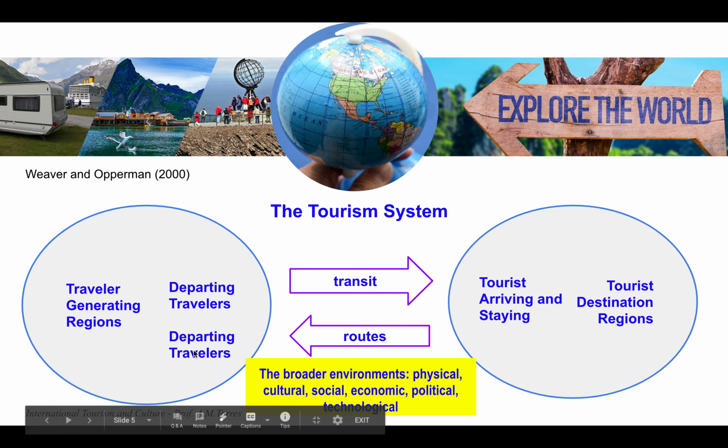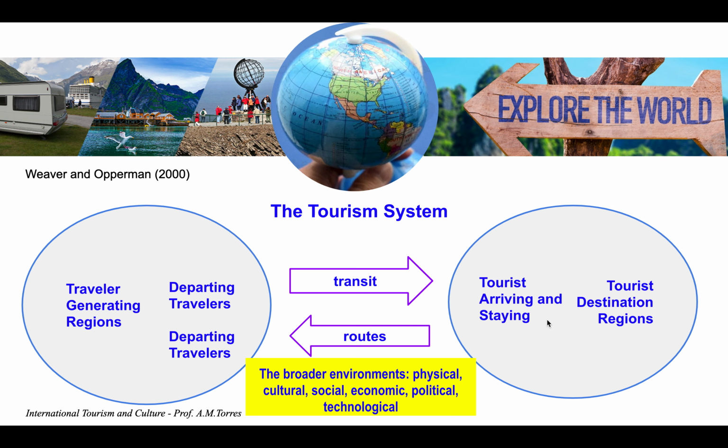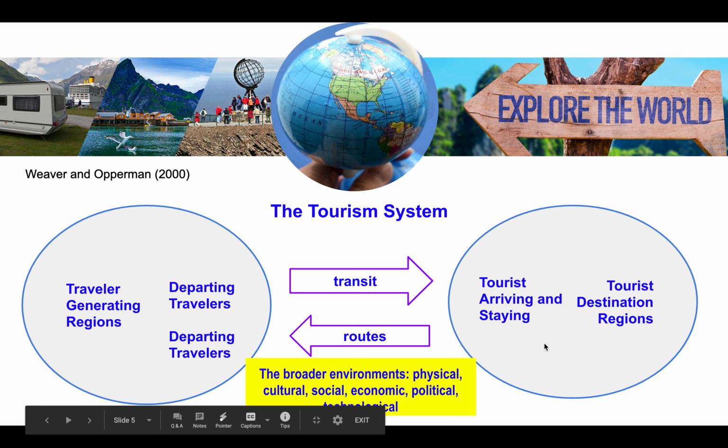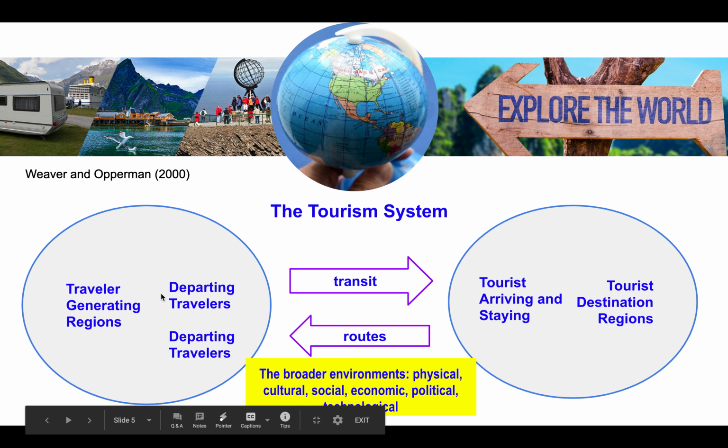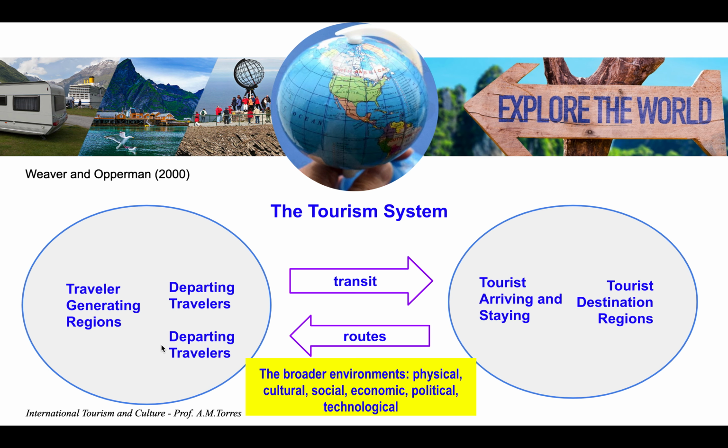And these departing travelers having a stopover, say for example in Incheon, would also be transiting towards their final destination. So in other words, from the traveler generating region, it can be a permanent resident going to a destination, or it can be a passenger or a traveler who made a stopover at a certain point.